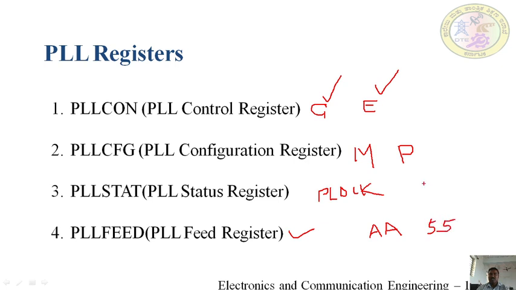That looks like a clock pulse. Initially it is 1, then zeros like this, so alternate bits are high and low. This PLL feed register is loaded with AA and 55. Then these PLLCON and PLLCFG configuration and control register bits become active.